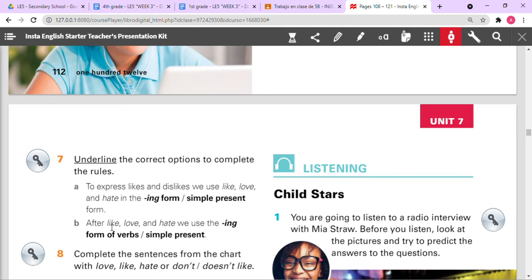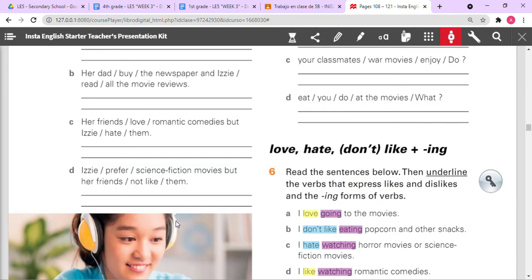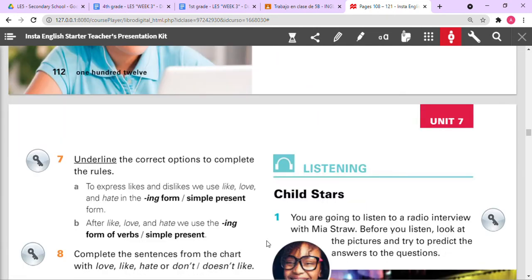Yeah, after like, love, and hate, we use the ing form, no? The ing form of the verb. Yeah, you're right. Okay. To express likes and dislikes, no?